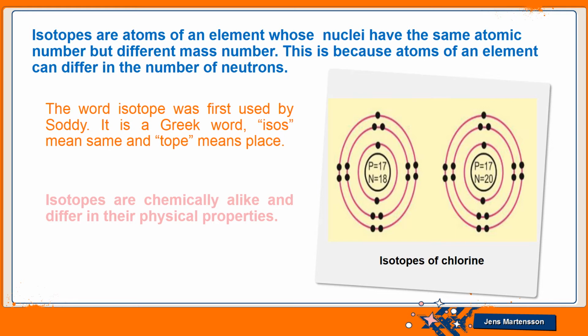As you can see, the isotopes of chlorine have the same number of electrons, so their valence shell has the same number of electrons, so they will have the same chemical properties. But physical properties always depend on the atomic mass, as both atoms have different masses, so their physical properties will also be different.